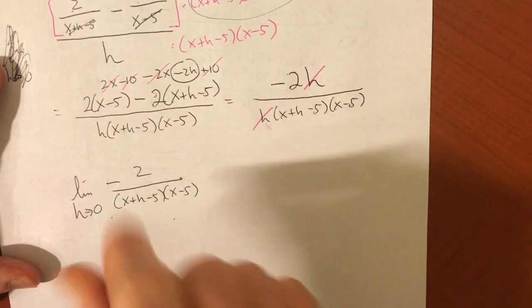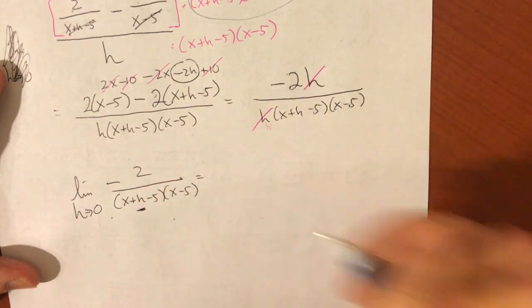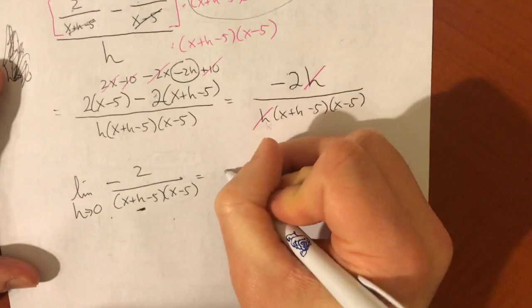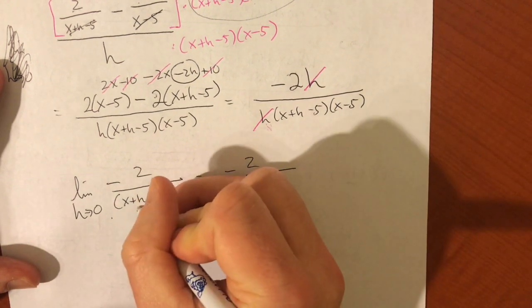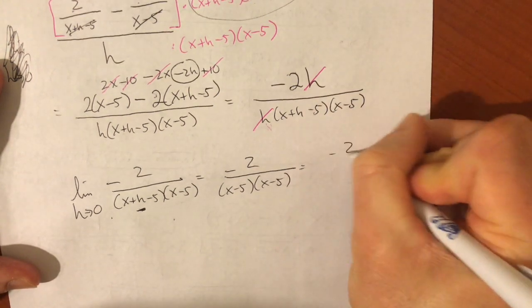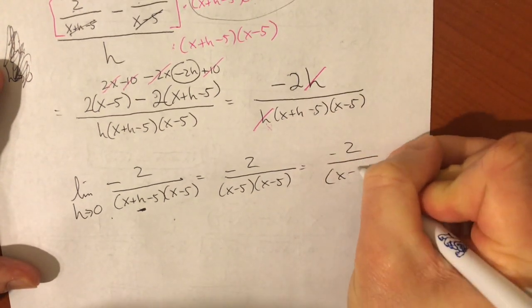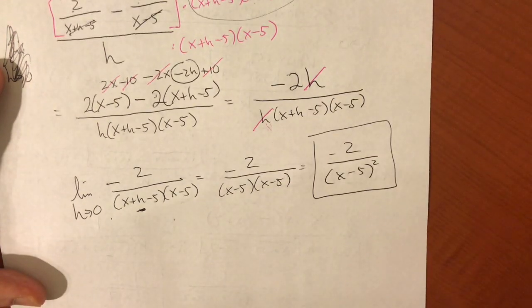You've simplified the expression, but now let's take the limit of that simplified expression, plug 0 in for h, and you'll have x minus 5 after that becomes 0 times the other x minus 5, which you could leave. You could FOIL it, but probably your teacher's going to leave it like that, negative 2 over x minus 5 squared.